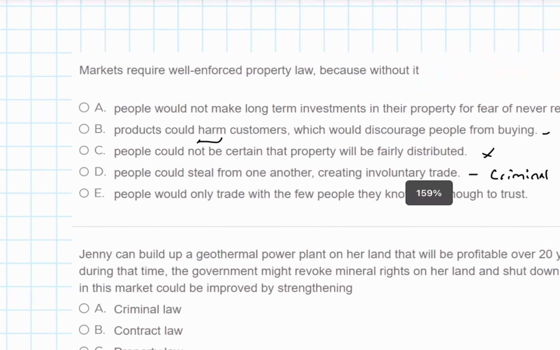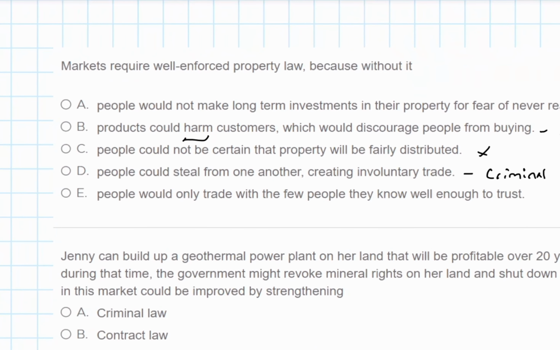Okay. People would only trade with the few people they know well enough to trust. So this is contract law, because contract law allows people, like strangers, to trade with one another, because it makes sure I give you what I'm supposed to and I get what I'm supposed to, even if we don't know each other.